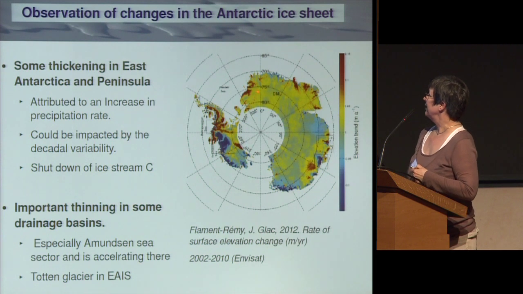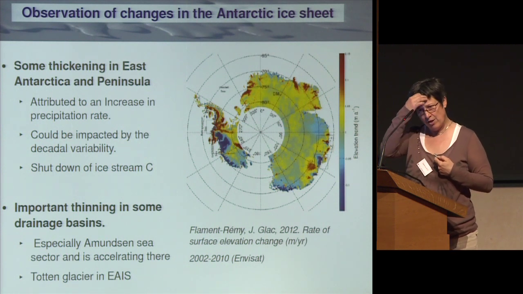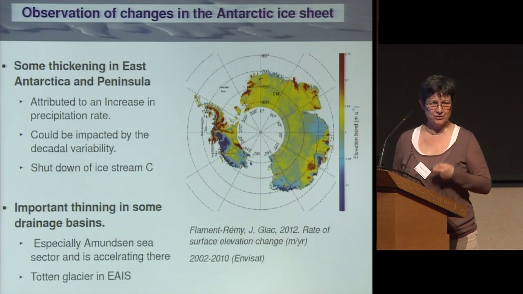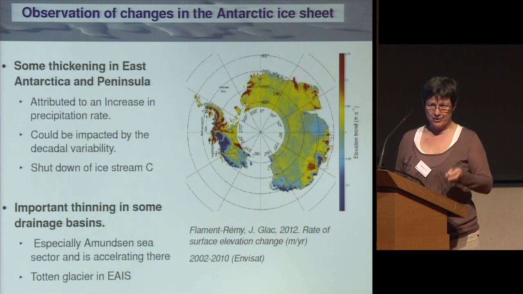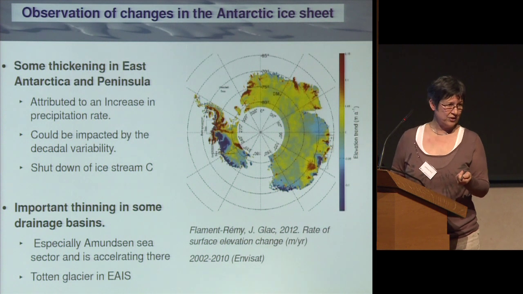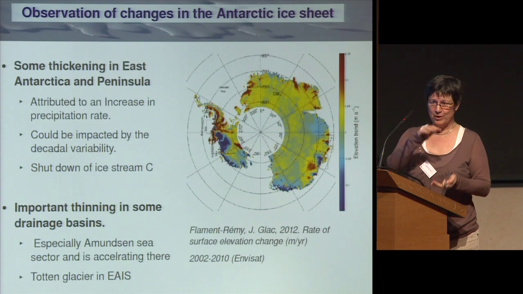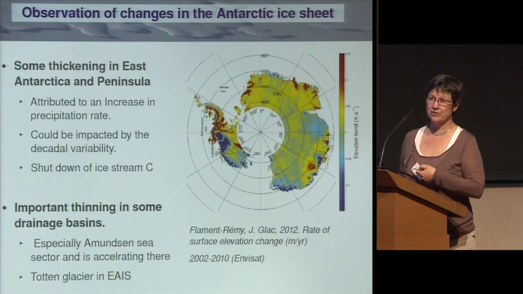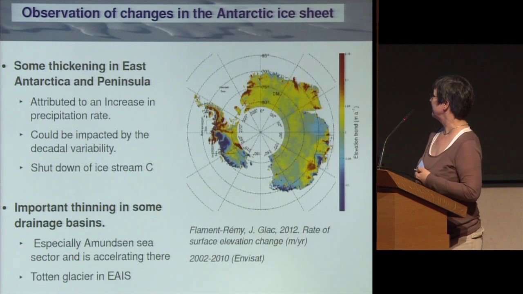There is some thickening in all the plateau of East Antarctica, and it is attributed to an increase in precipitation rate, although we are still not sure that there are not densification processes involved in the signal we see in this type of study, because the radar altimeter sees the surface of the snow, and with a warming, you don't know what happens to the firn and the firn layer that is 100 meters thick in the central part of Antarctica.